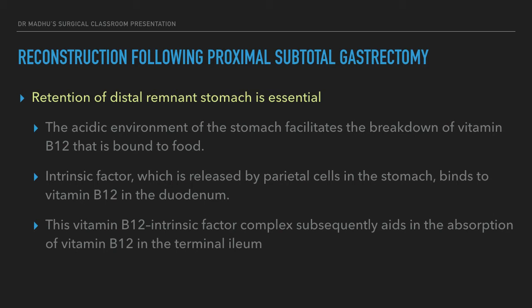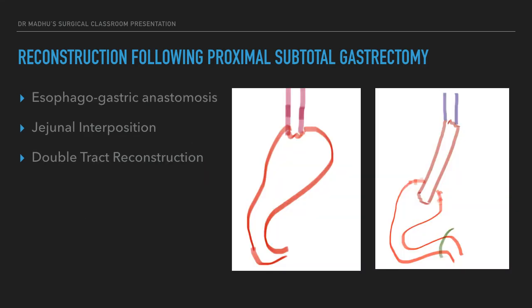So you have a better iron absorption, you have a better B12 absorption. This ultimately results in better hematopoietic indices. There is a lesser requirement of B12 and iron supplementation following this type of gastrectomy. Otherwise, in any patient who undergoes a total gastrectomy, periodic iron and vitamin B12 supplementation is recommended.